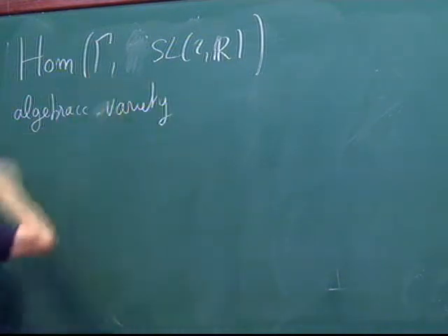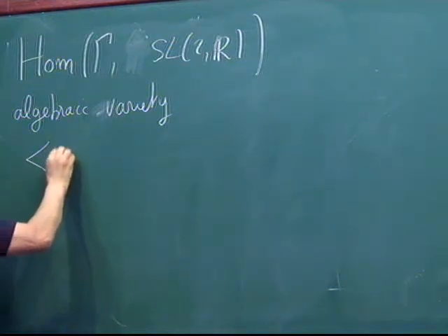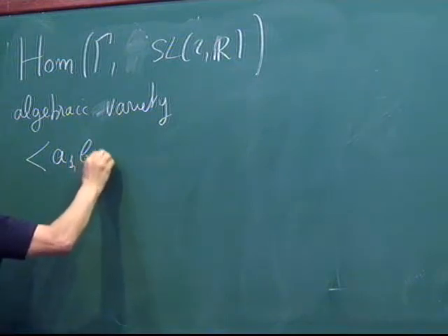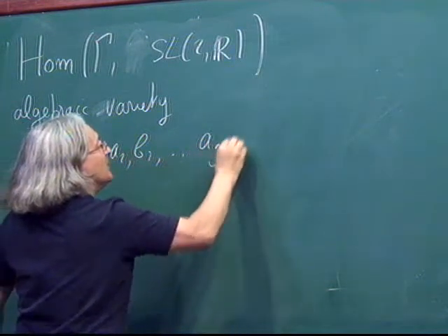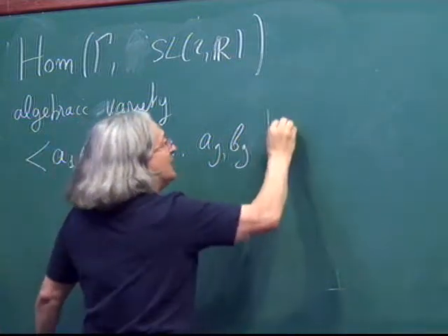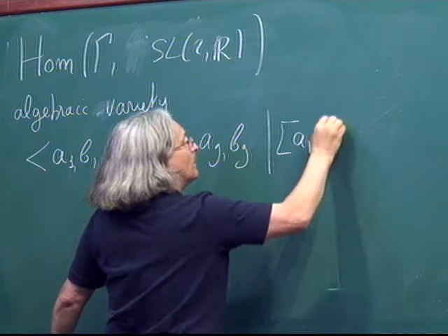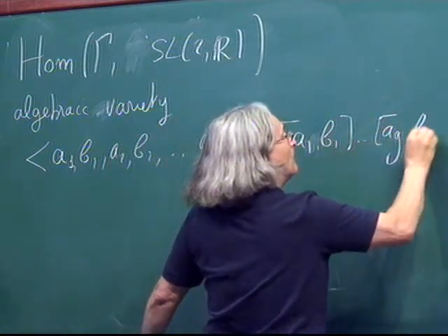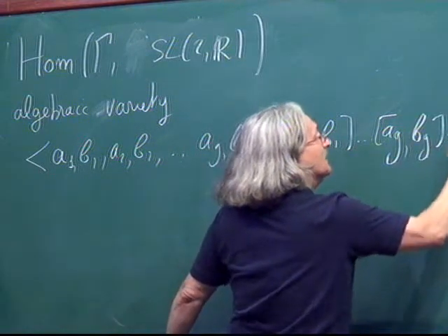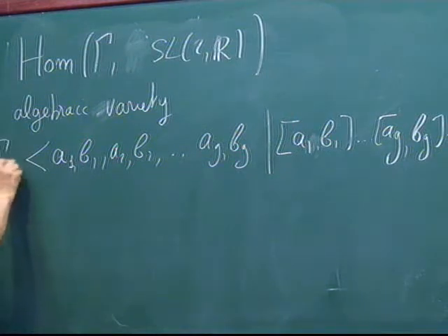That's very easy because this group is generated by 2g elements, A1, B1, A2, B2, up to Ag, Bg, with one relation, which is that the product of the commutators is the identity. This is the classical presentation of the fundamental group.